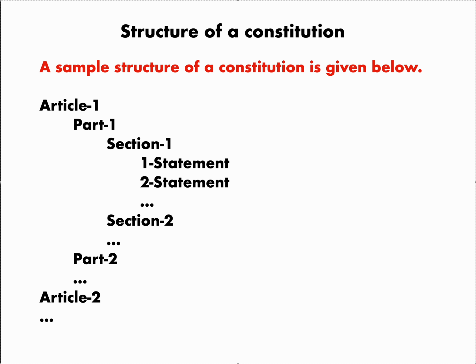When we look at the structure of a constitution, at the higher level it's articles, and then parts, and then sections, and then under the sections the actual law, whether you call it a law, bill, or act. Those will be documented.